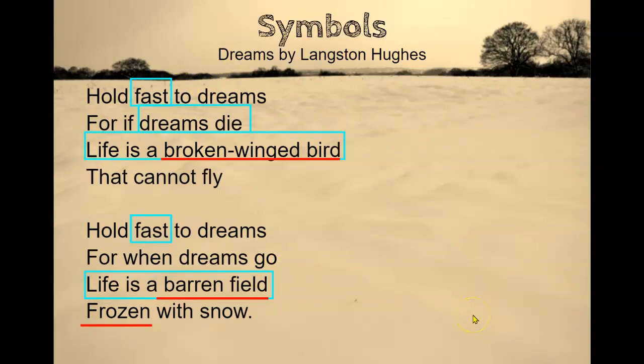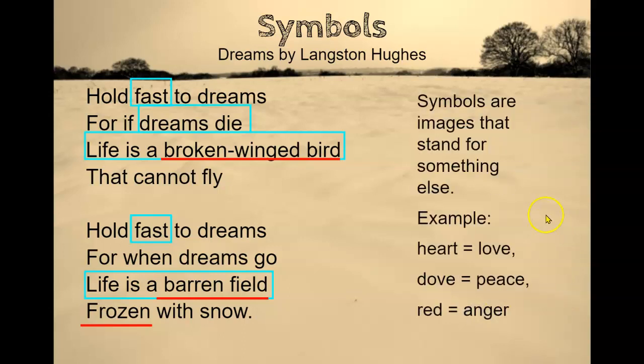Next, we'll look at symbols. And as I said before, our symbols may overlap with our imagery and figurative language. So, I see the broken-winged bird as being a symbol for something that's helpless and pitiful.